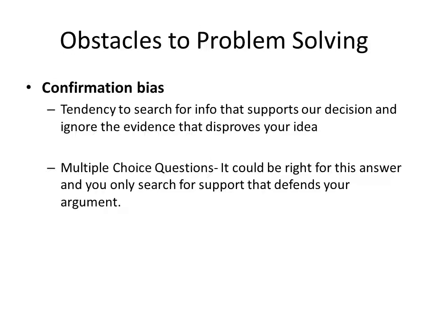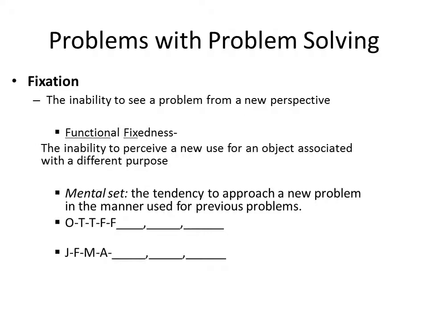When students get multiple choice questions wrong, let's say they selected answer A, they're going to do everything in their power to defend A, and not look at any of the other statements, because they believe that their information is correct. They have a confirmation bias.